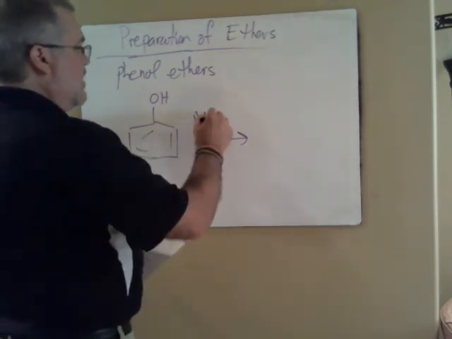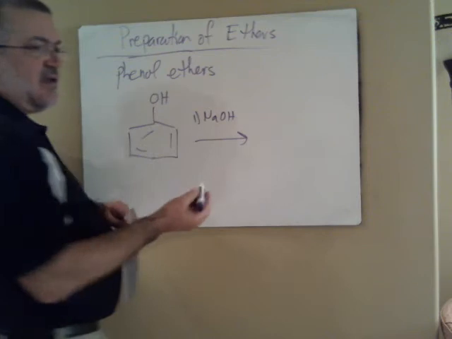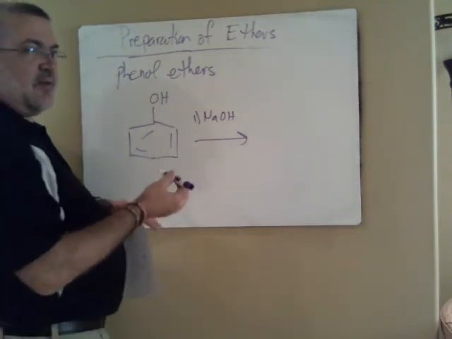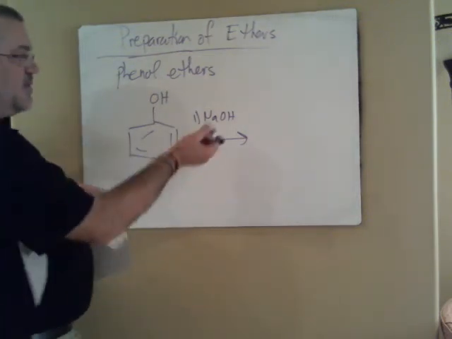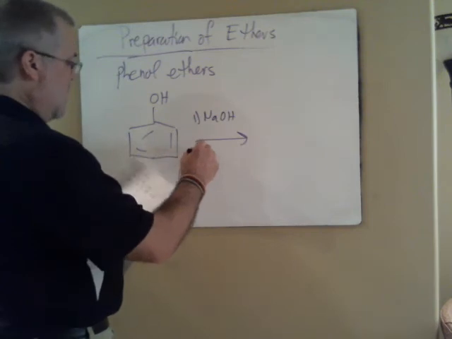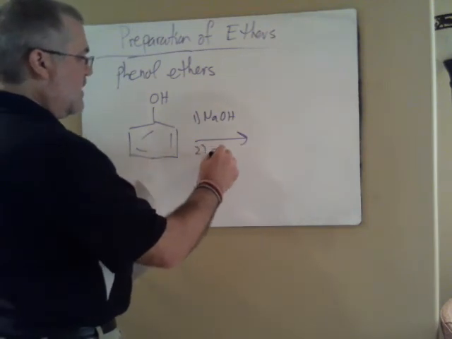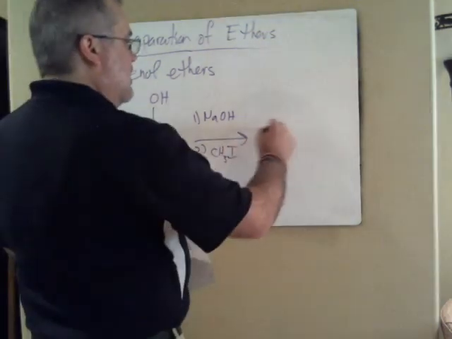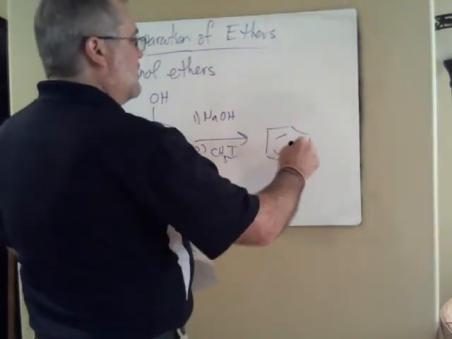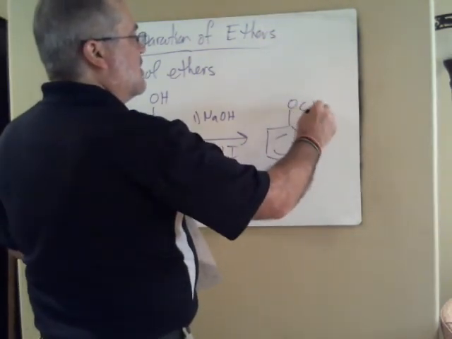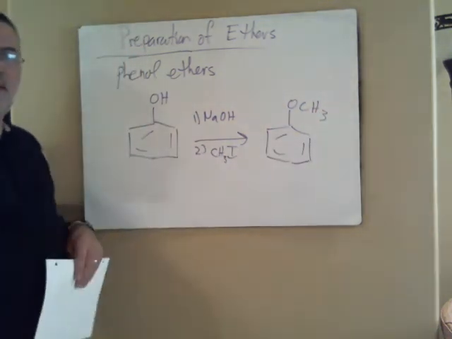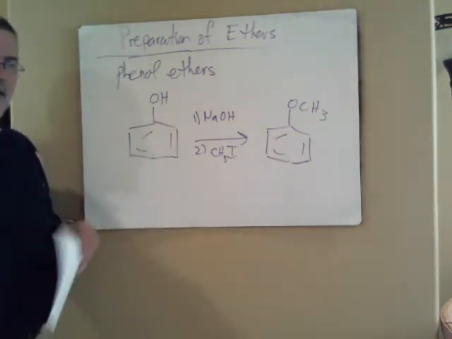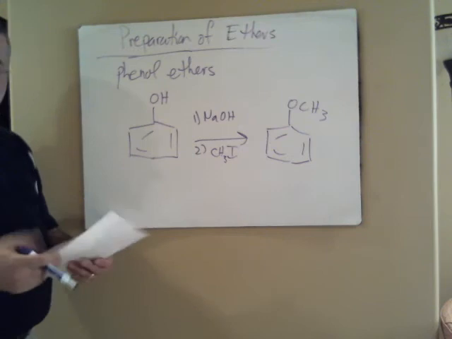We can just treat it with a simple base. It doesn't have to be a metal hydride. It can just be sodium hydroxide, for example, followed by, again, a primary alkyl halide, and we can in fact form this phenolic ether like that. Okay, very closely related to the Williamson.